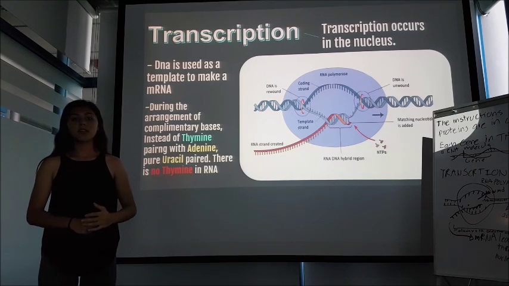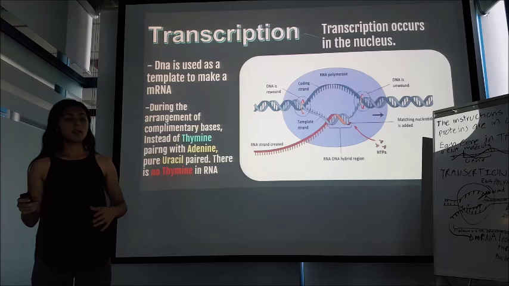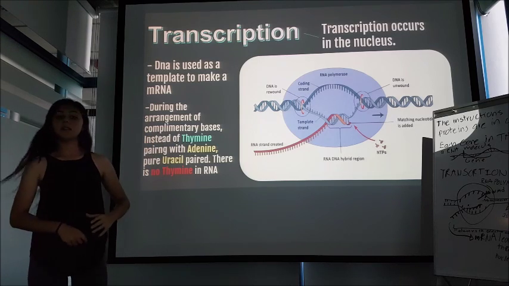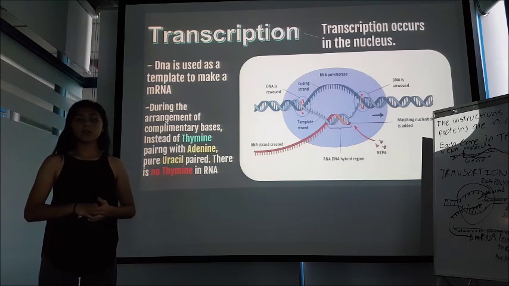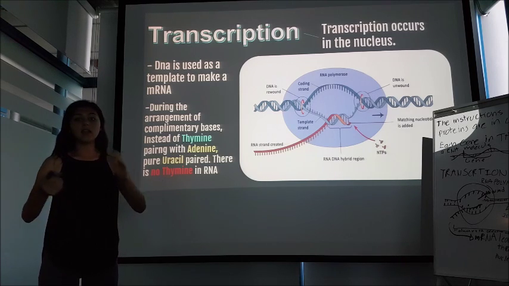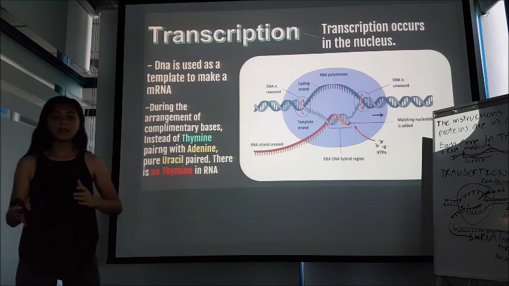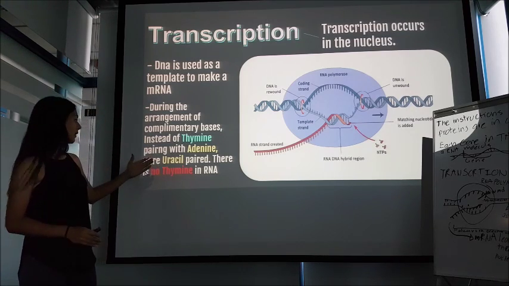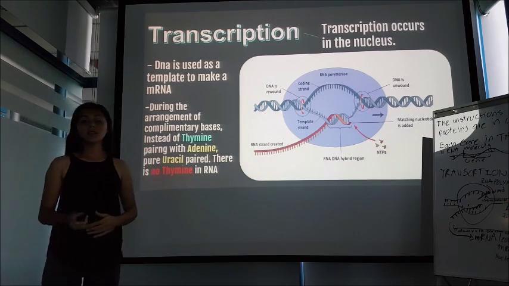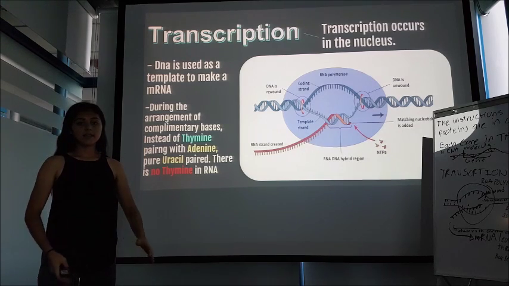One important thing to take into consideration is that during the arrangement of complementary bases, instead of using thymine to pair with adenine as in normal replication, adenine pairs with uracil. So therefore, RNA never has thymine.